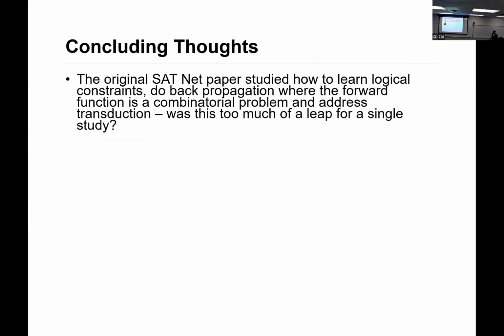So anyway, just some concluding thoughts. Look, the original SatNet paper had its flaws. And I think these are important lessons to remember, especially for anyone doing neural net research. Because someone on the team of the second paper had a feeling that, hey, I don't think they solved this whole transduction or symbol grounding thing that easily.